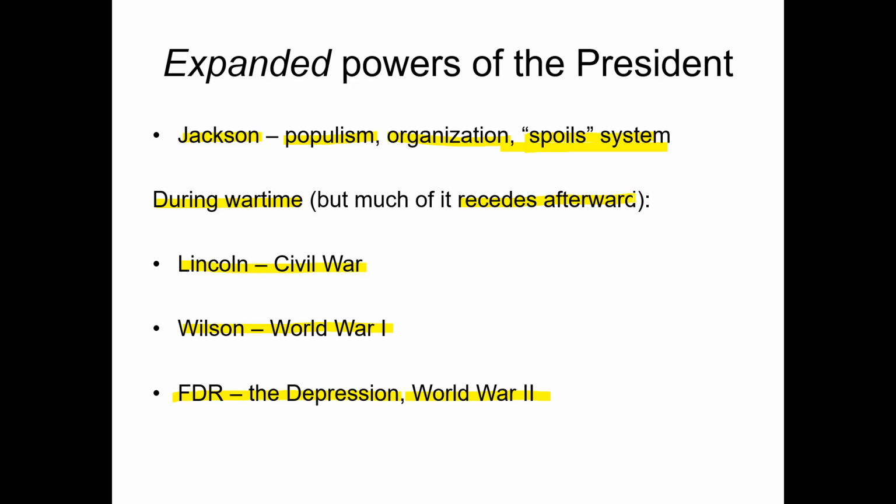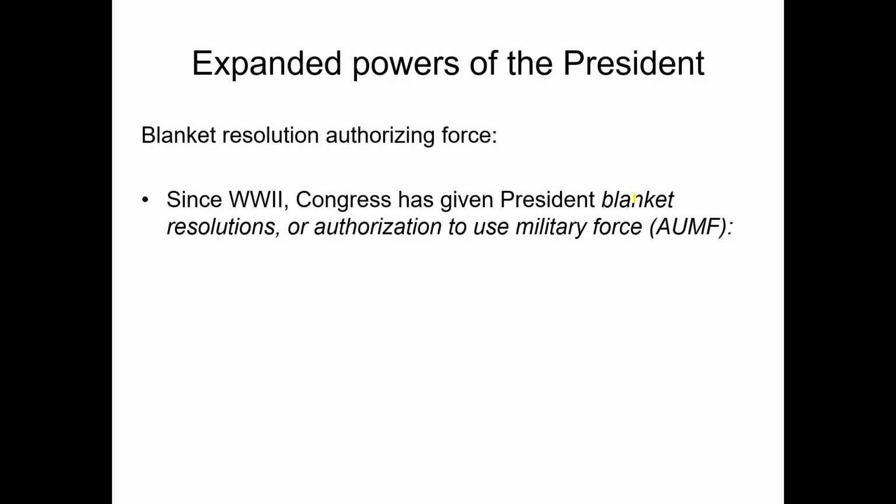But let's talk about three primary expanded powers that have really come into play over the last several decades. One of these is the blanket resolutions authorizing the use of military force. They are often called AUMF, authorization to use military force.